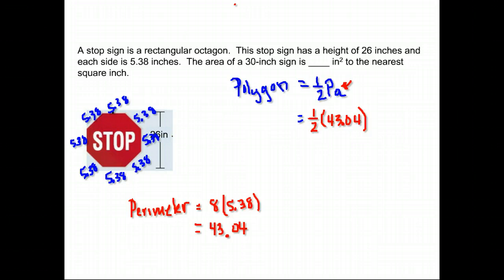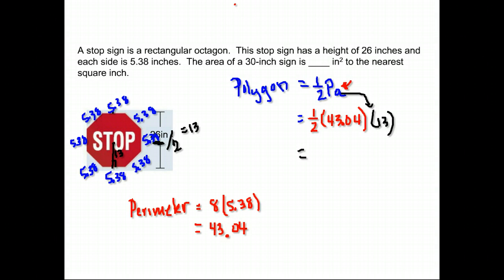But the apothem in a regular polygon is the distance from the middle to the middle of a side. So it's this height right here, halfway across the figure, which is why it's nice they told us how high the figure was total. Because if we just go halfway, then if we take our 26 here, our height, and divide it by 2, we know that halfway across our apothem is 13. And I can put that into my formula also.